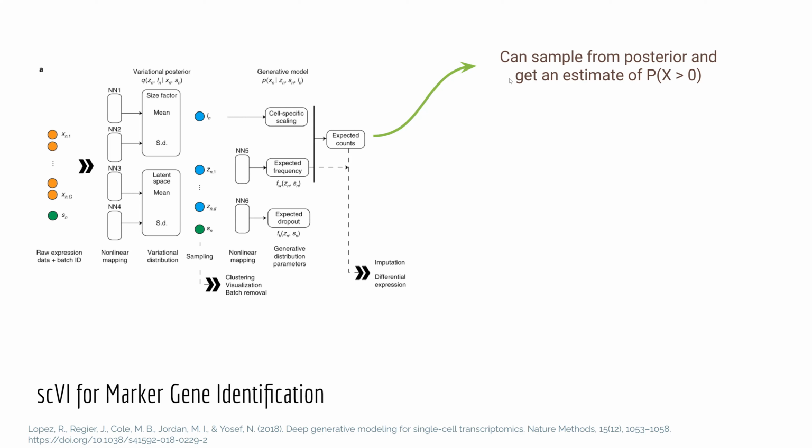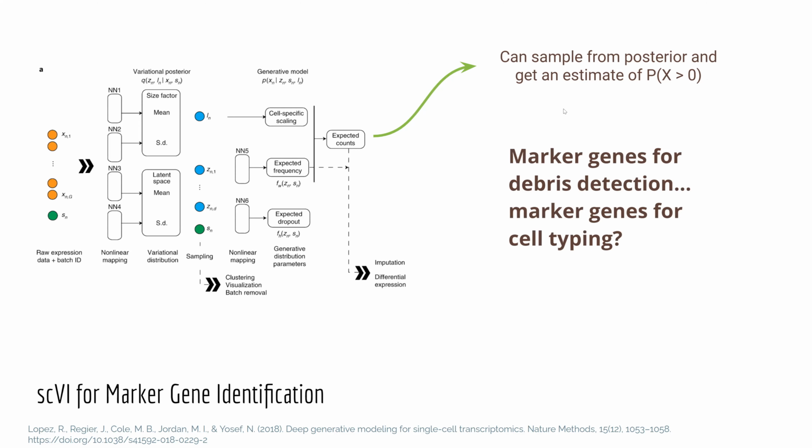So you can sample this posterior directly and get an estimate of the probability of X greater than 0. And it isn't limited to just the negative binomial distribution, because there is a complicated model that has learned the expression of these cells in your different groups. So we think this is a much better way of determining marker genes for debris detection.